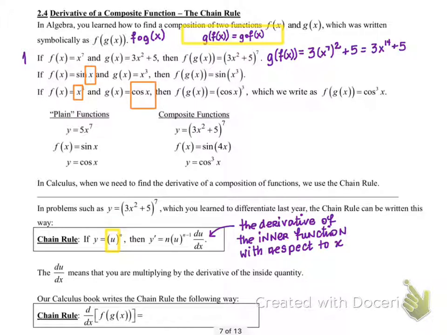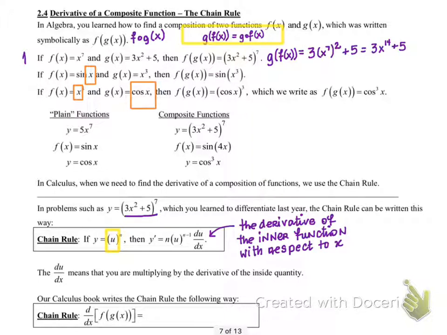Now what you're going to start seeing later in the course, in fact not very long from now, is that sometimes you're going to be taking the derivative of y, and that's why that's important. Up until now, everything's been pretty straightforward, and we've just been looking at functions that look more or less like that right there, and we're just differentiating with respect to x.